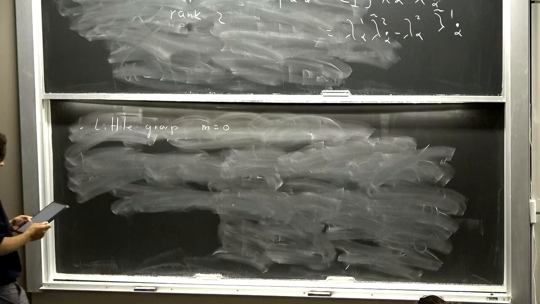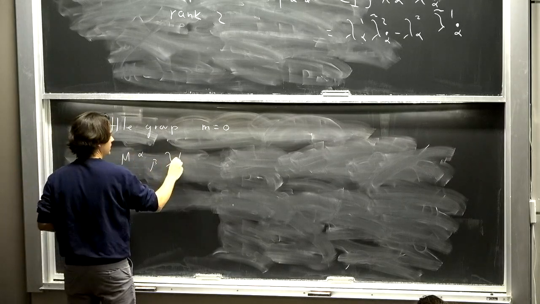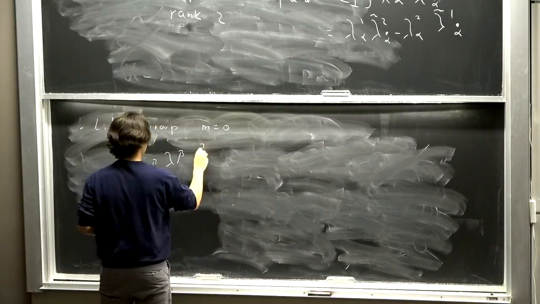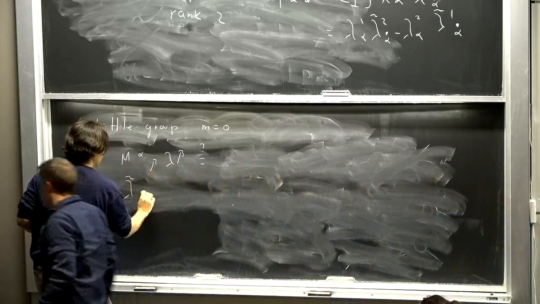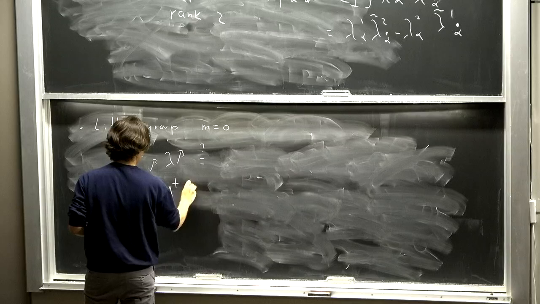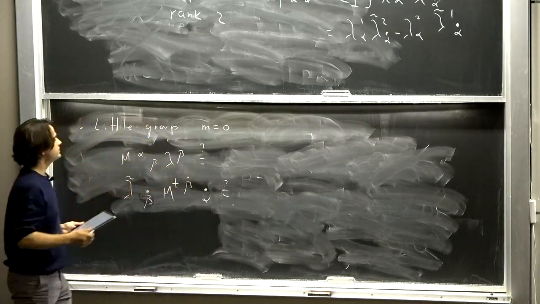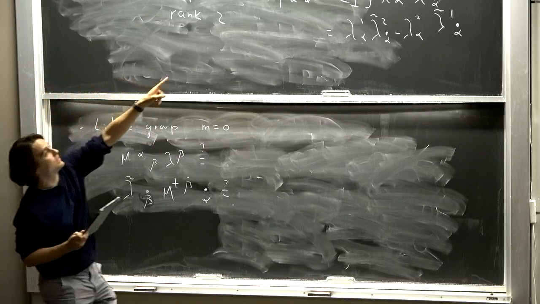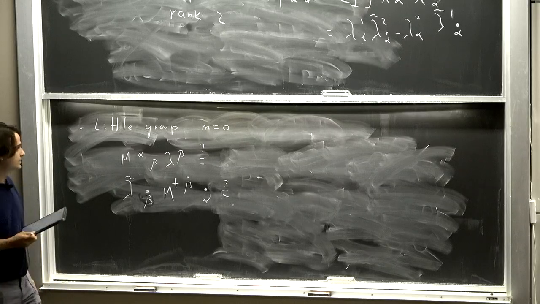Now we can ask what transformation of these lambdas and lambda tildes can leave p invariant. Since p is just the product of lambda and lambda tilde, the best that I can do is multiply each one of them by a phase.